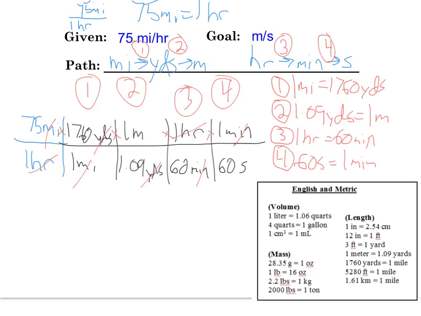times 1 times 1, then divide it by, and I'm actually going to write this out, so make sure you put it into your calculator correctly, so 75 times 1,760, and then times 1 times 1 times 1, which doesn't affect anything, then divided by, again, 1 times 1, which doesn't matter, then 1.09 times 60 times 60.